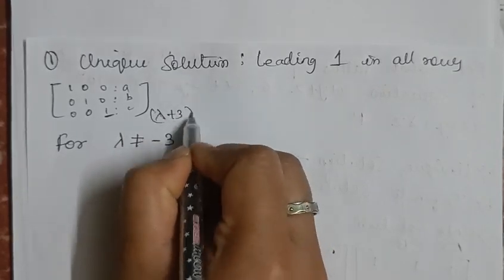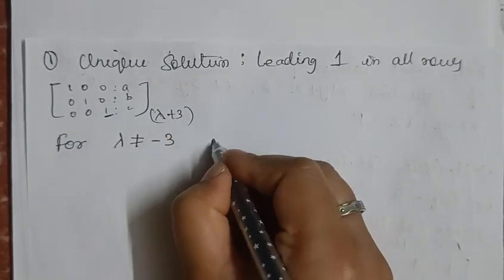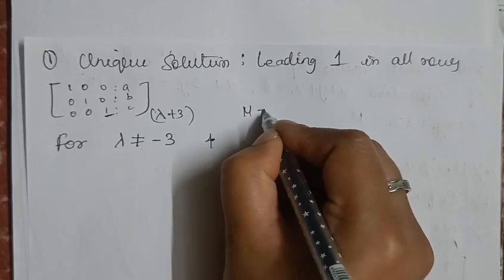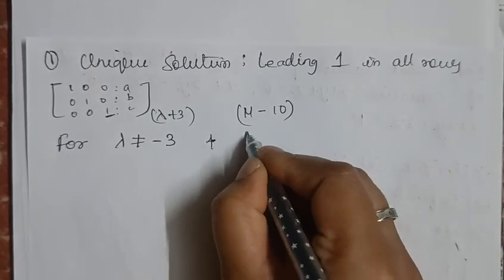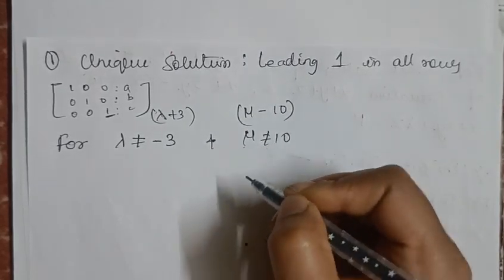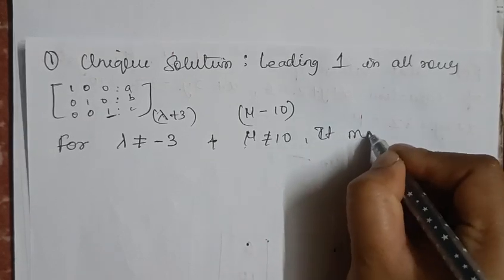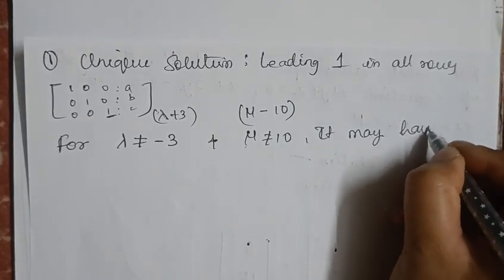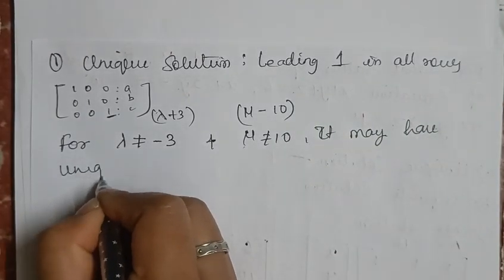So lambda plus 3 should not be zero, and mu minus 10 as well, right? So mu not equal to 10, then it may have a unique solution, right?